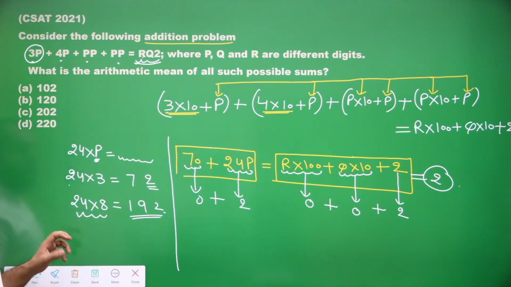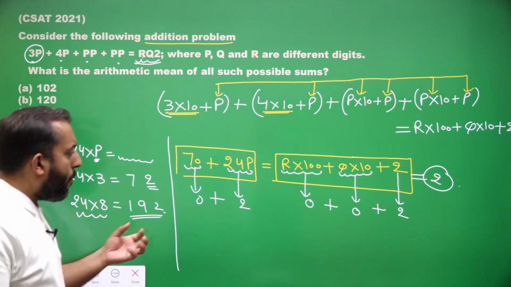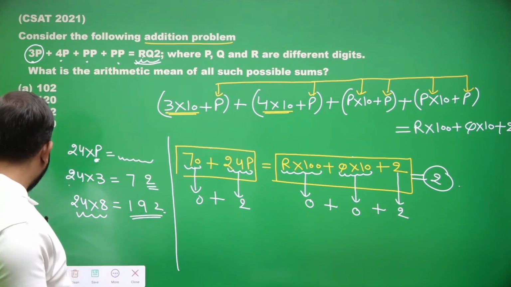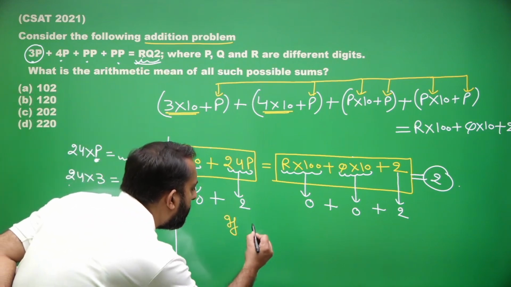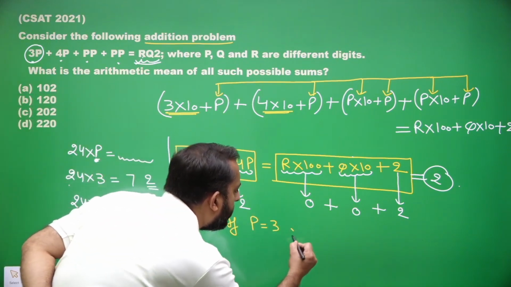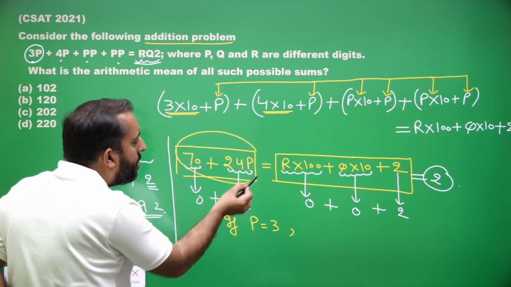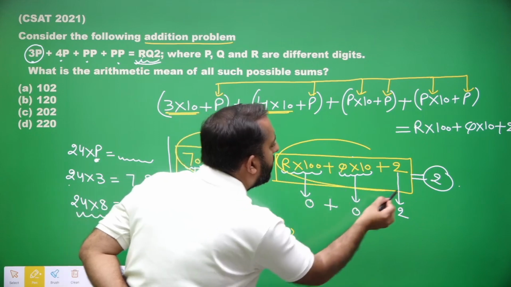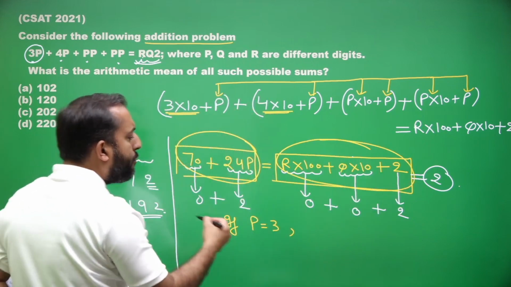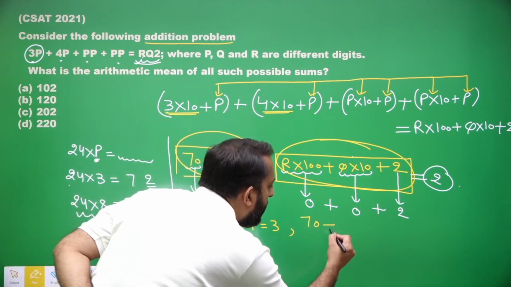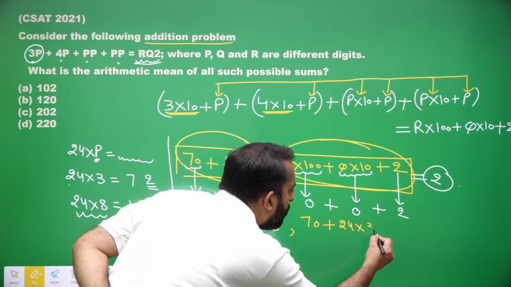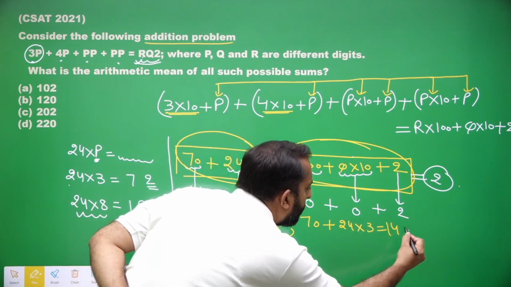Okay, I hope this is clear to everybody. Now if p is 3, then the result of the addition will be 70 plus 24 into 3, which is 142.